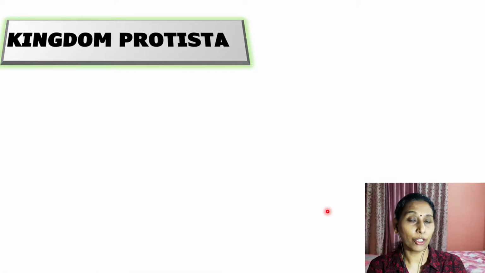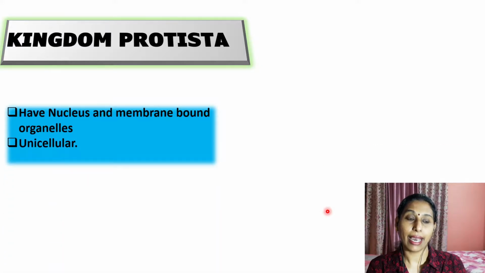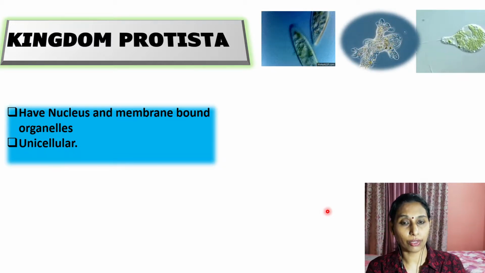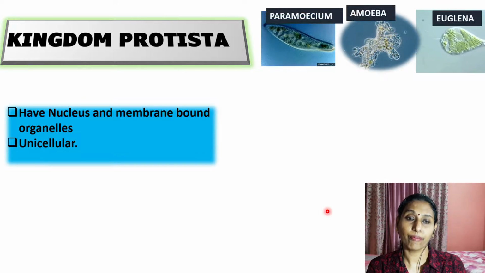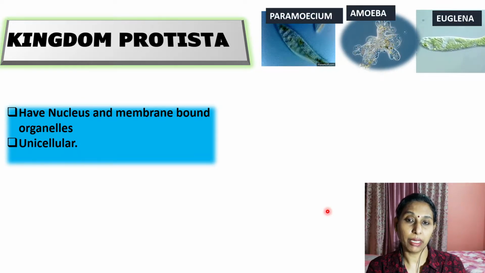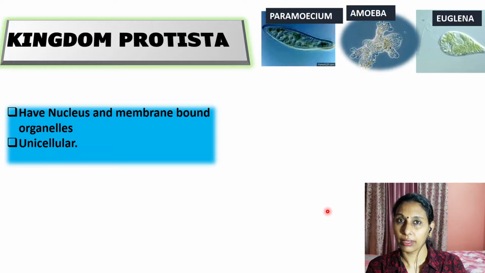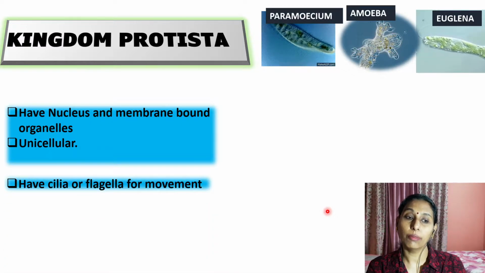That is, they are unicellular eukaryotes, if you remember. Okay. They have a nucleus and membrane bound organelles, but they are unicellular. So they are unicellular eukaryotes. See the examples here: paramecium, amoeba, euglena. Okay. And these are all called the protozoa.